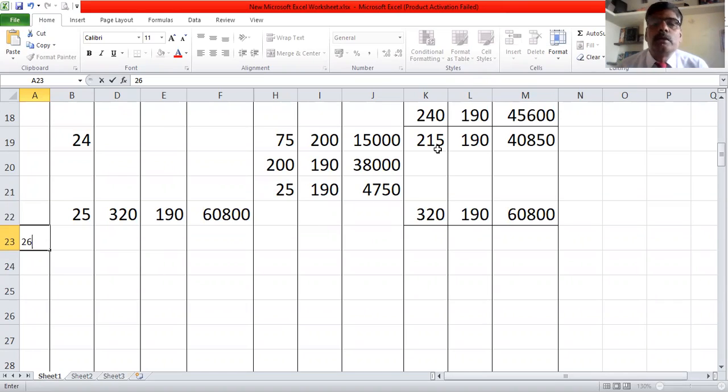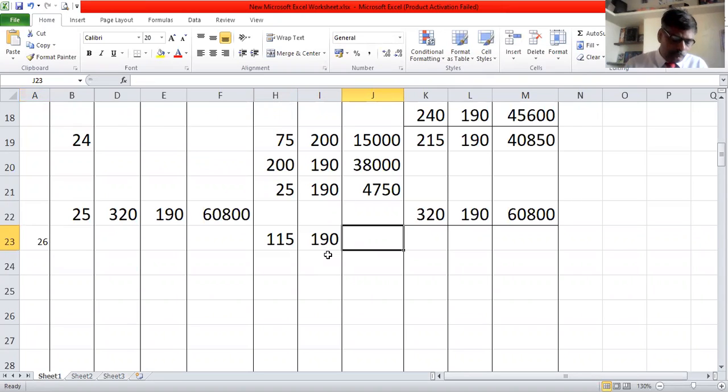You issue 115 tons from the first lot, 115 at the rate of 190. Amount is 190 into 115 is equal to 21,850. 21,850 is the amount.